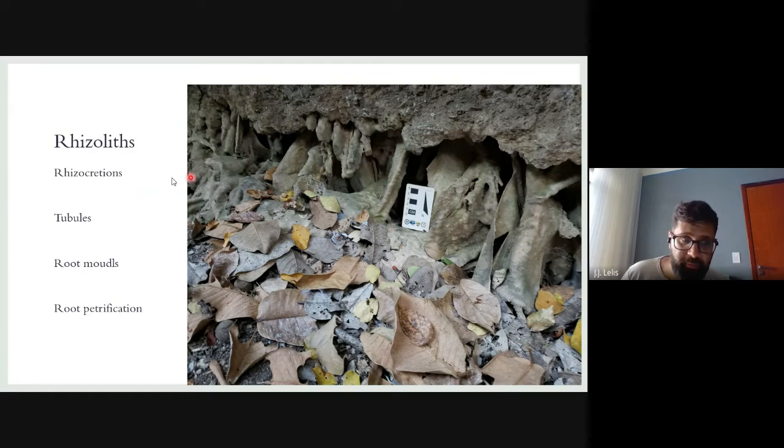And sometimes we can see the petrification of roots as a diagenetic process, when we have the change of carbon by silicon.